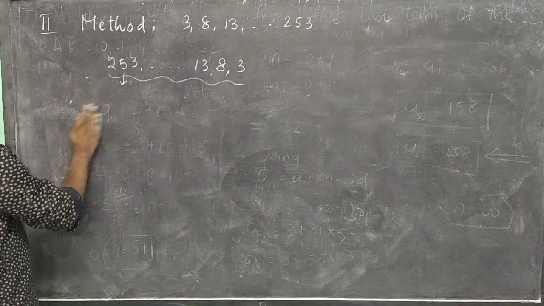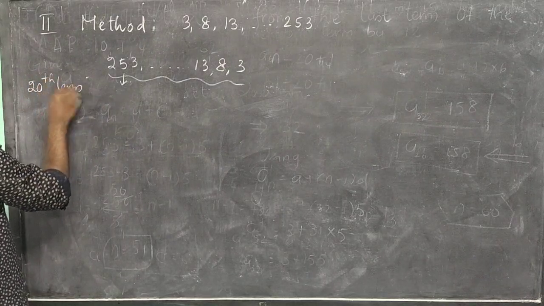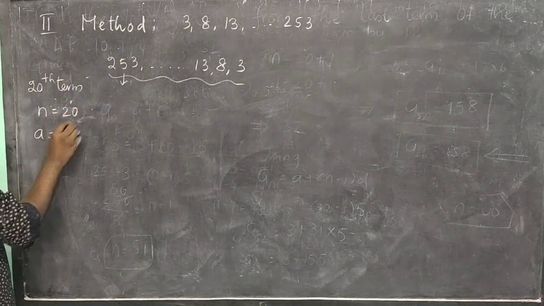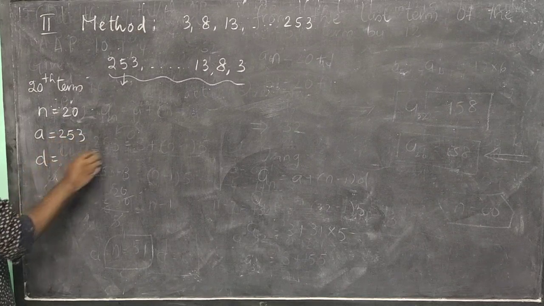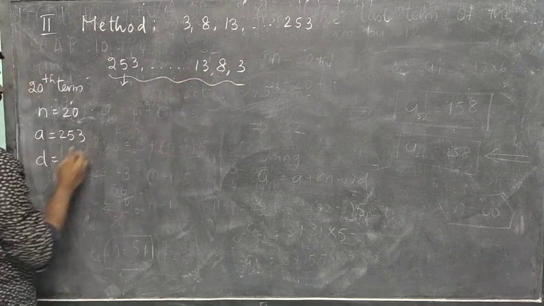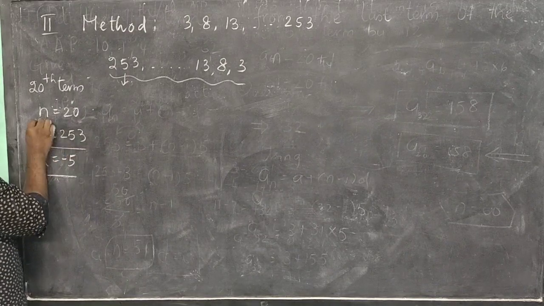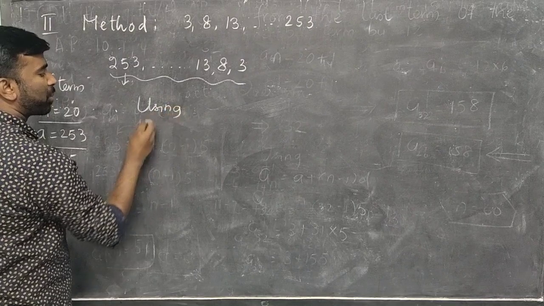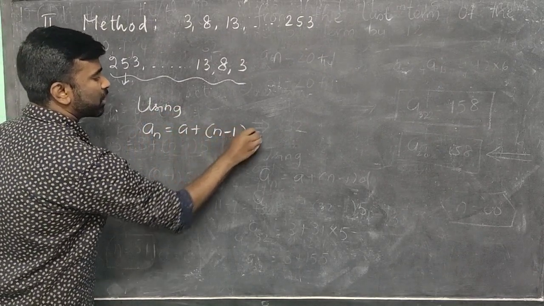Now we should find out the 20th term, that is n becomes 20. What is the value of a? a is 253. d is the difference of any two consecutive numbers, that is 3 minus 8 or 8 minus 13. We get minus 5. d equals minus 5. a is 253. n equals 20. By using the an formula, an equals a plus n minus 1 into d.